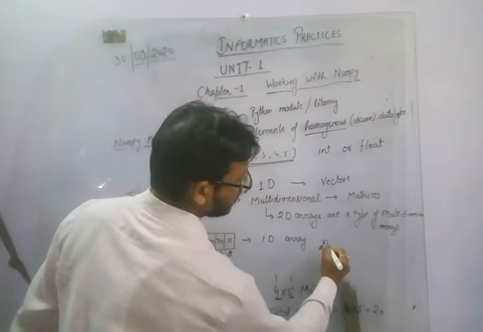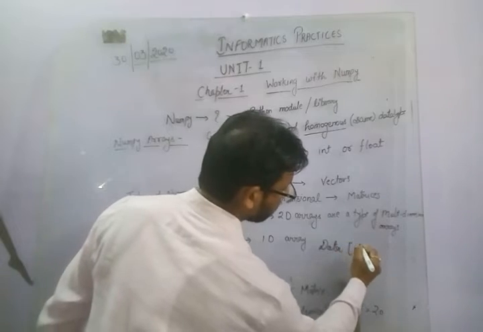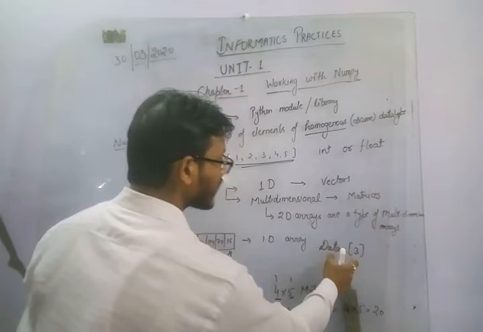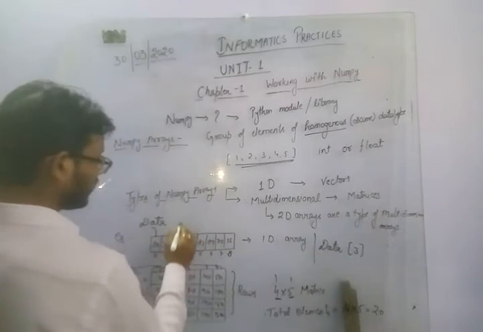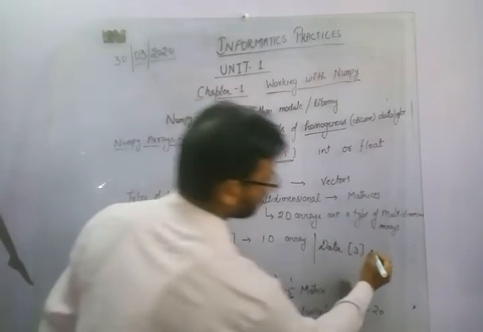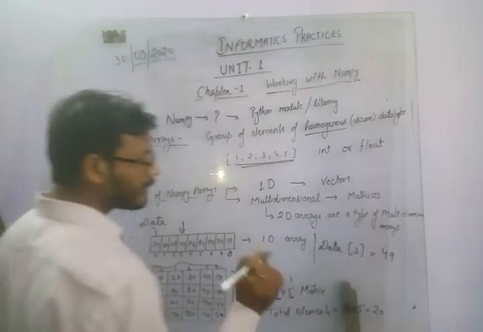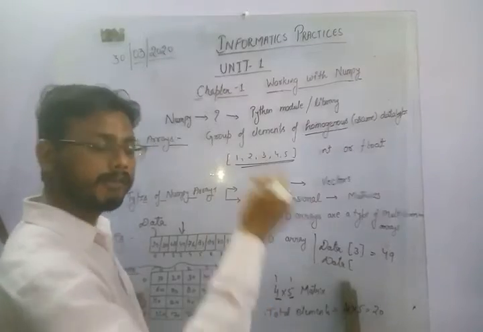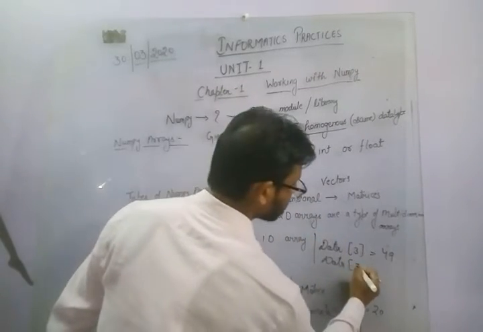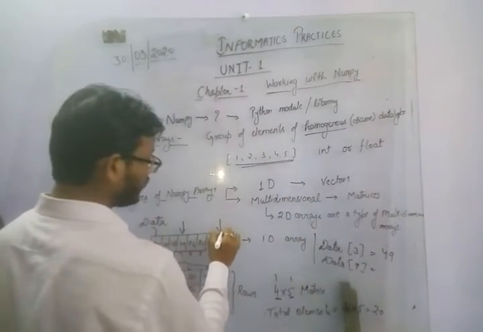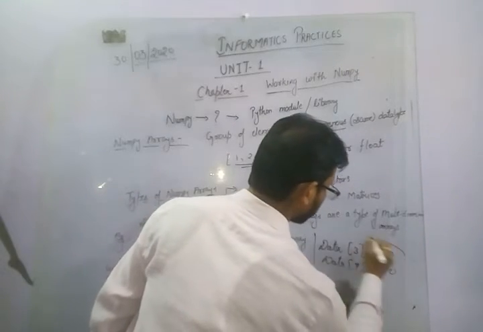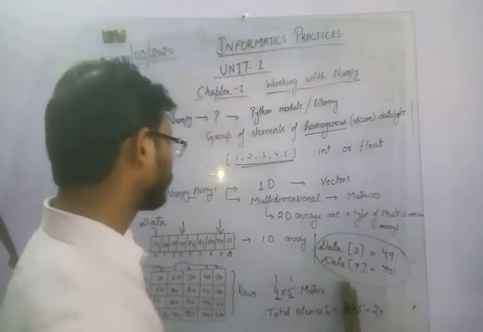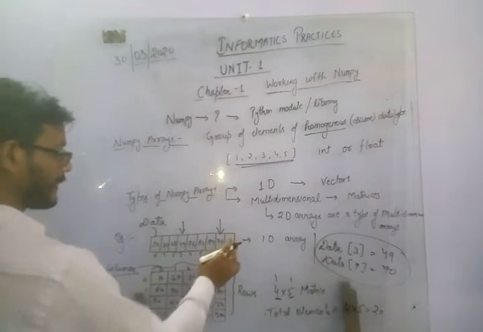So if we write data[3], it means the index number 3 of this array, that is data, is 49. Similarly, if we write data, that is the name of the array, with the index 7, then we will get the value 70 here. So index values are important to extract each element of the array.